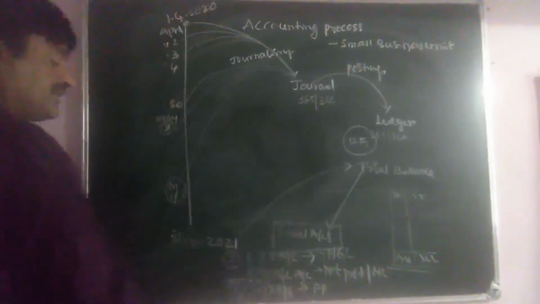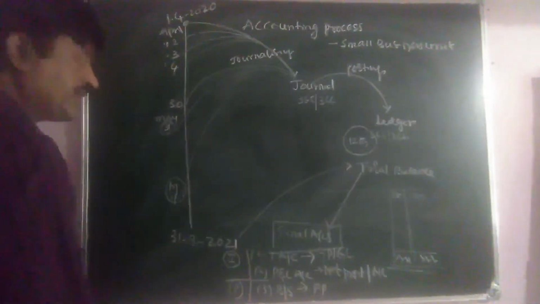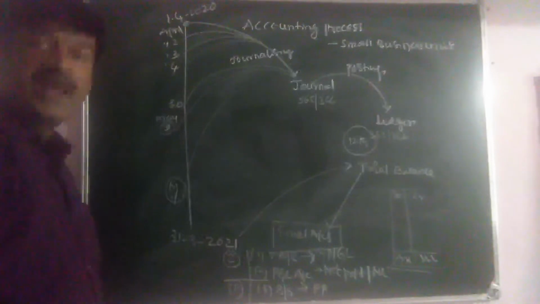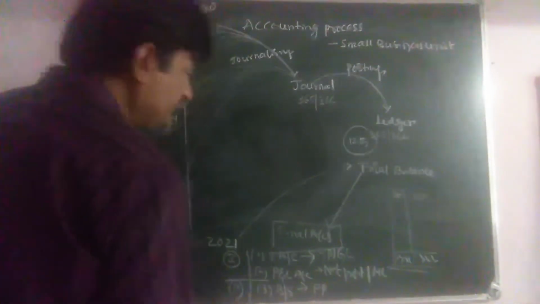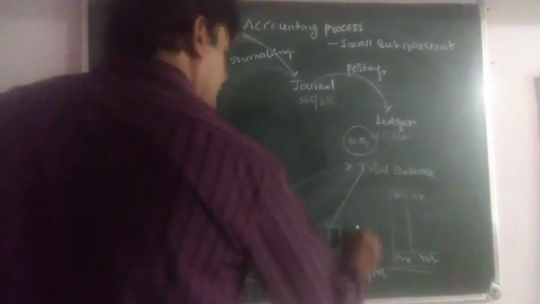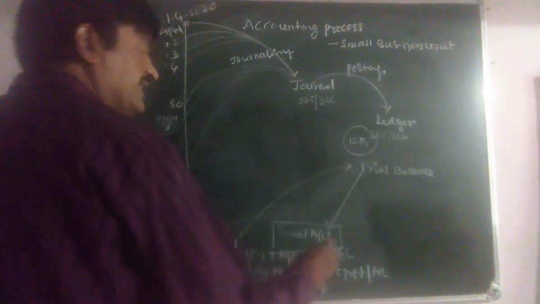So after successful completion of preparation of final accounts, the final result of the business, that is profit or loss, and financial position of the business is intimated to the users.